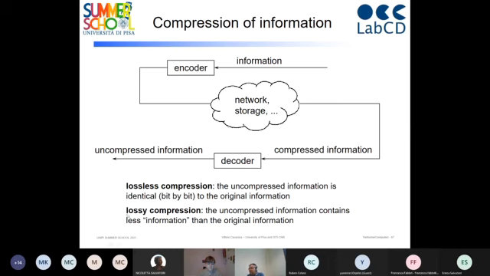And this is what happens with lossy compression, meaning that with lossy compression you can compress much more. But why can you compress much more? Because you throw away information. And we will see in a moment, especially for images, which information you throw away.